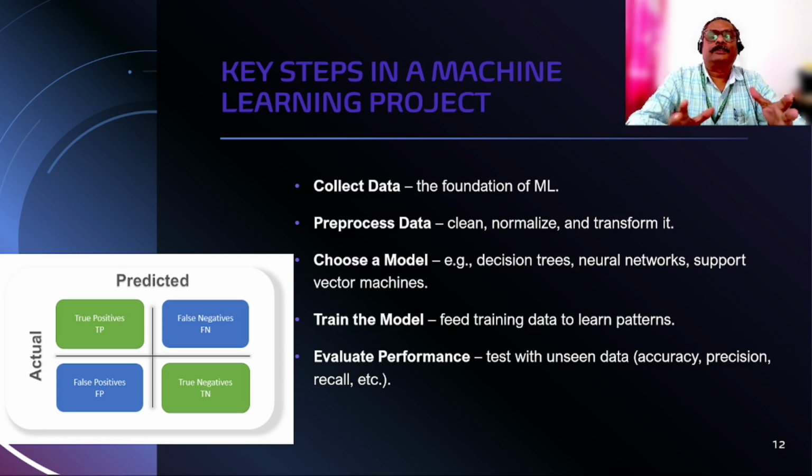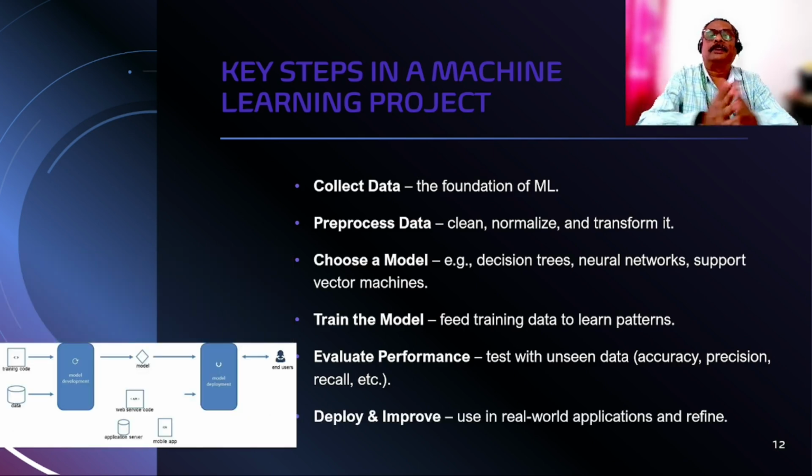So this performance evaluation is done, and once we are happy with the performance of the model we have created, then what else? Just deploy it. Deploy it and start using it in real world applications, and keep refining it.